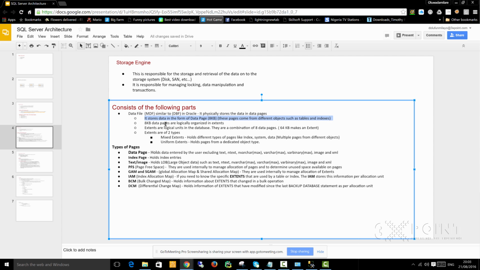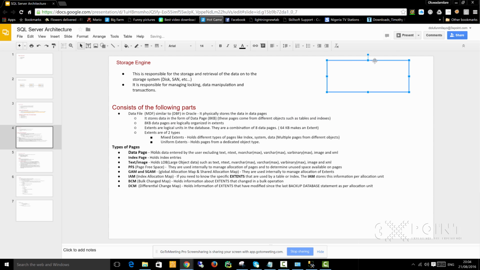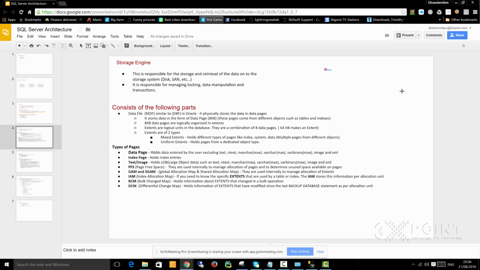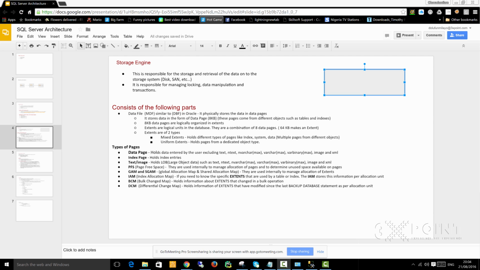All right. So when you have a table, let me use shapes. Bear with me one second, let me use a marker to explain this concept clearly.